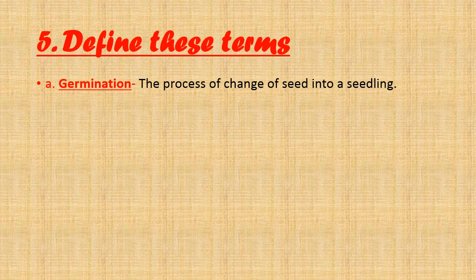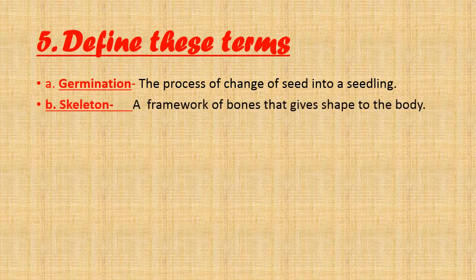And for its food, a seedling will use its cotyledon and it will take its food from the cotyledon until green leaves appear on the shoot. And once green leaves appear on the shoot, the cotyledons will dry and fall off. So this is the whole germination process.